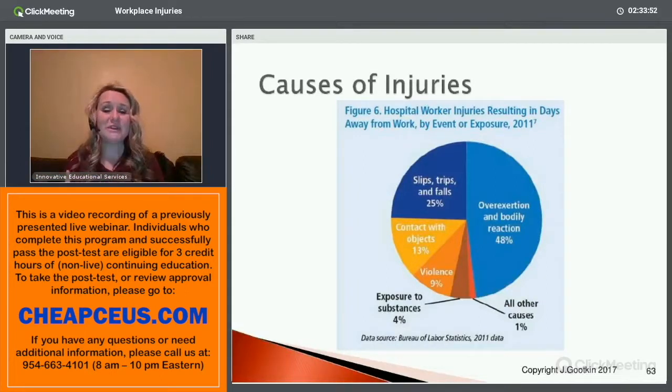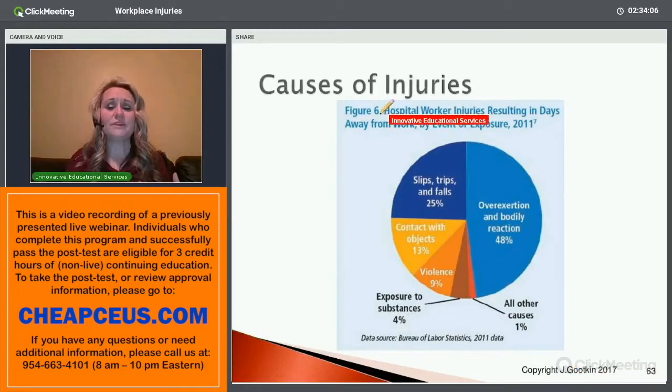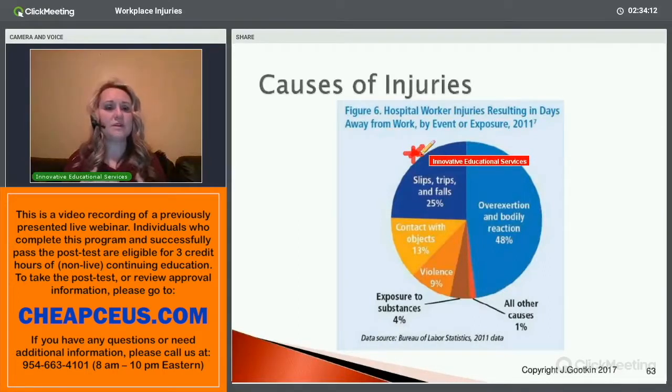When we look at the hospital setting and the causes of the different injuries, we tend to see that overexertion and body reaction is most common, leading to days away from work. Slips, trips, and falls account for a small portion. So that might be a place where we're going to consider the working environment.